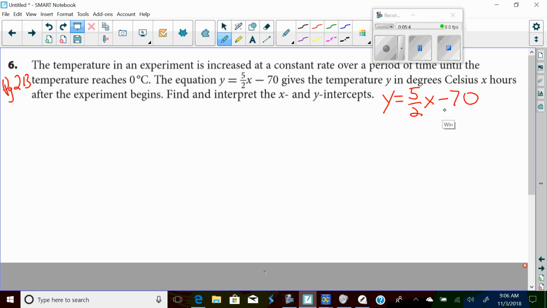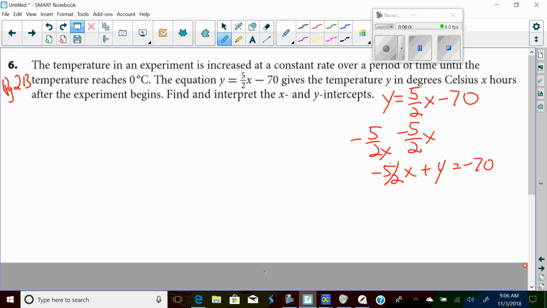And I want to get the number by itself by subtracting 5 over 2x on both sides. And that's going to leave me with negative 5 over 2x plus y is equal to negative 70.